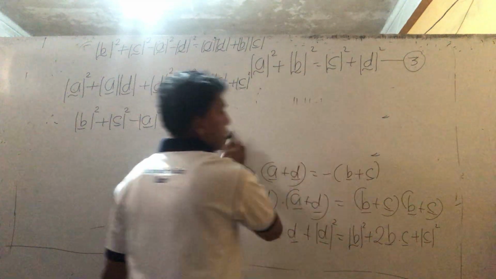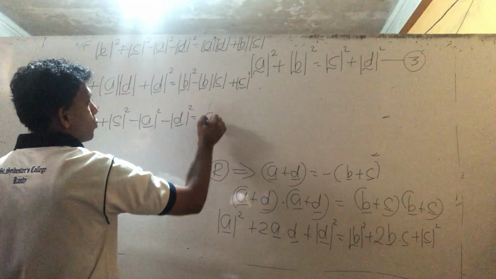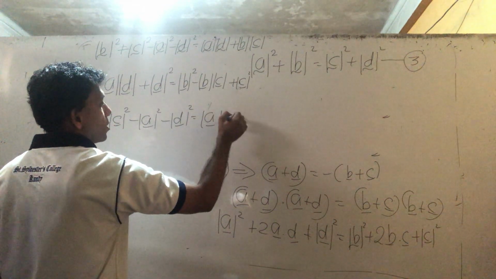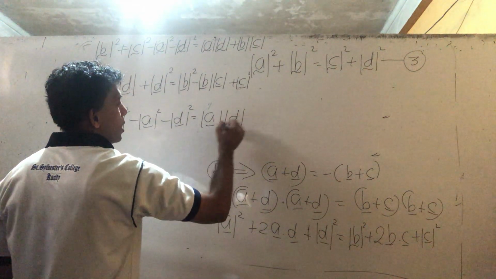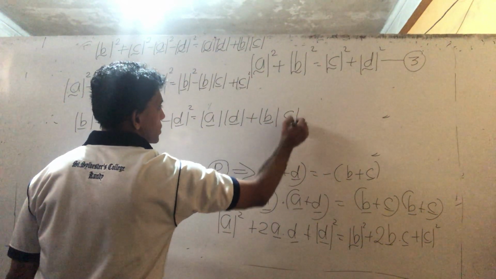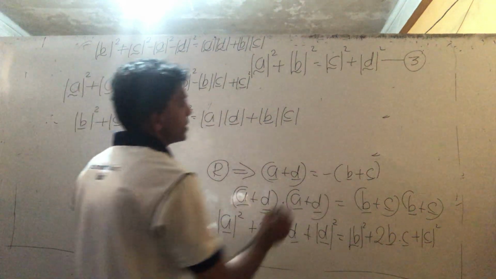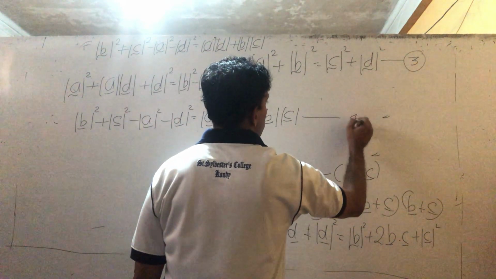Nice question, nice work of this vector equal to mod D plus B dot, that is mod B into mod C. Is that the answer? So I said this is the fourth part.